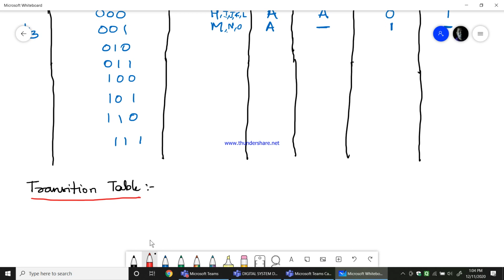So state diagram and state table is understood? Anywhere any doubt, students, in state diagram and state table? So transition table, yeah, tell me. Sir, dash, sir. Yeah, that is what I told you, no?